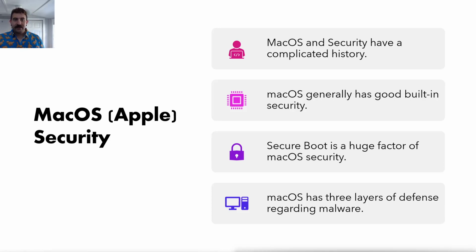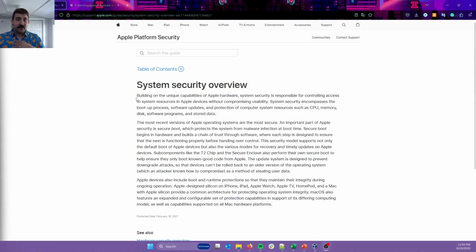With this, it means that the boot process is protected from malware infection, beginning in the hardware as opposed to the software. So we're going to go back to the browser, and this is all on Apple's website. Pretty easy, pretty straightforward. On this tab, it goes over how Secure Boot is designed on these Mac OS devices to only allow good code from Apple.